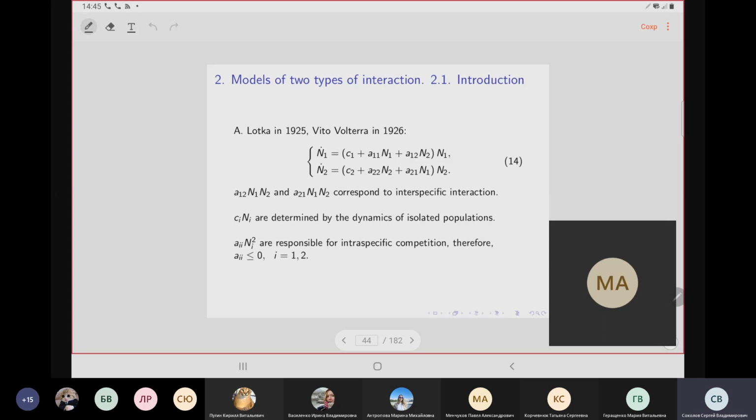What is the right-hand side? For example, for the first equation, n1 dot is c1 n1 plus a11 n1 squared plus a12 n1 n2. Let us suppose it doesn't matter who is prey and who is predator. What do all these coefficients mean?